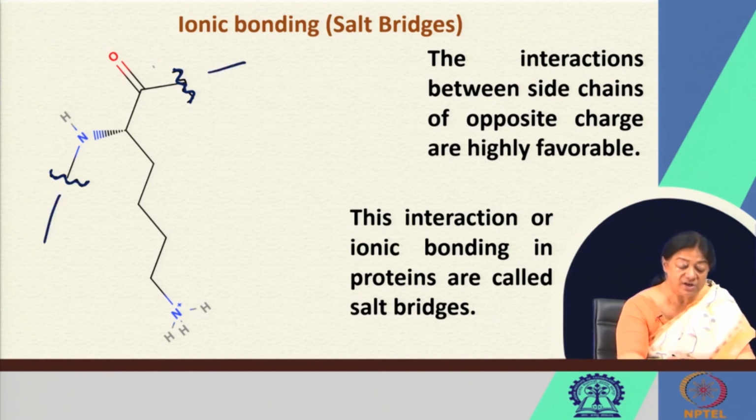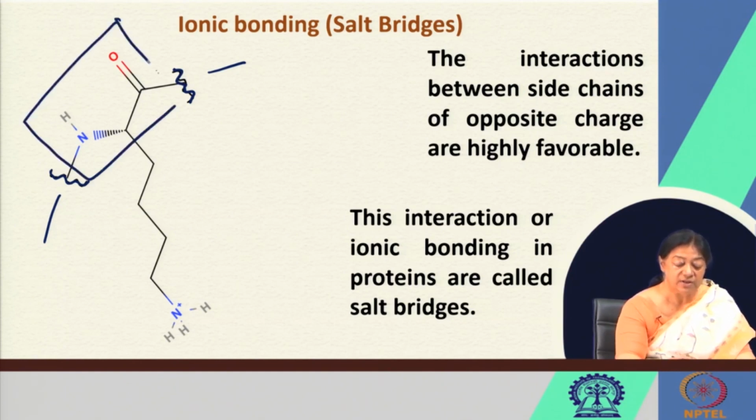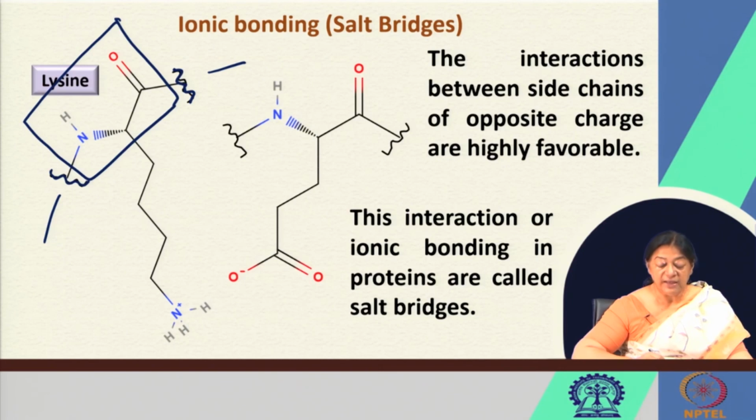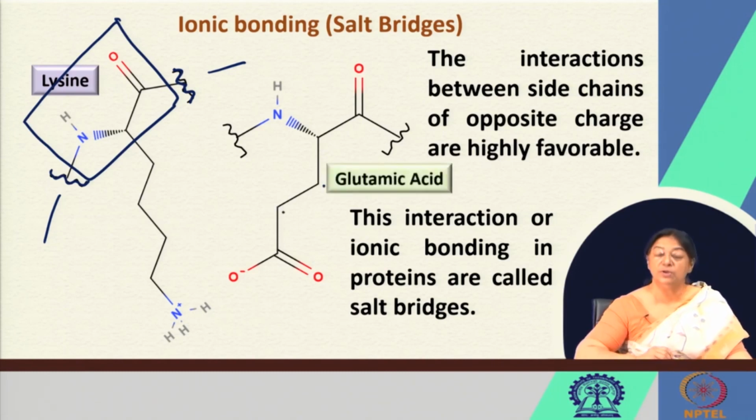And what we have here is the CO and the NH, so this is where we have the connectivity, the peptide bond. So, this is a lysine residue, and we can have it connect to a glutamic acid residue. How do we know this is glutamate? We know that there is a CH2 here and a CH2 here. So, this is a glutamic acid.